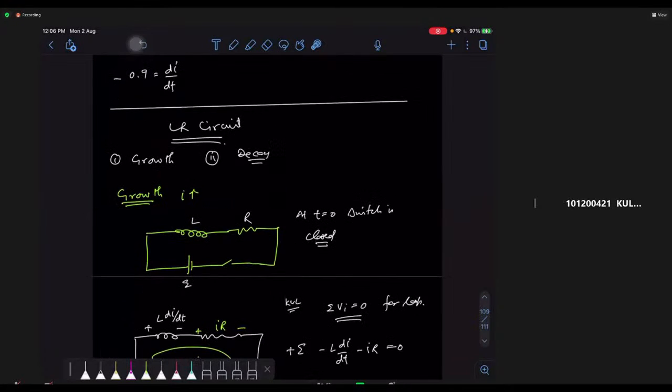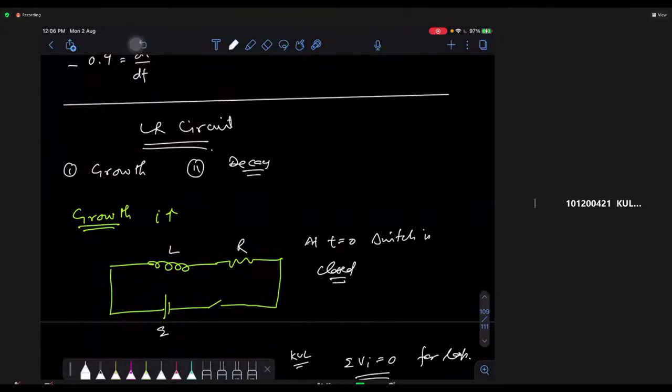Without the inductor, if I just connect the battery to the resistance, then what happens? If I connect the battery to the resistance directly, I know the current will be E by R. So initially the current was 0, then it will go to E by R directly.